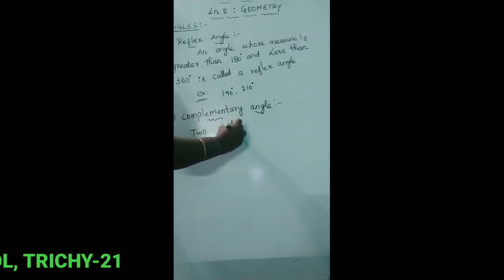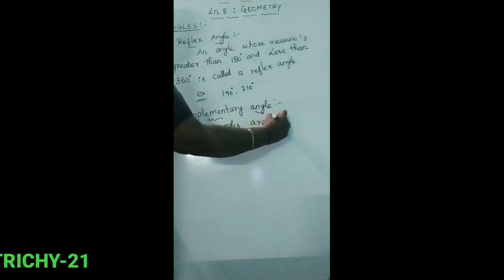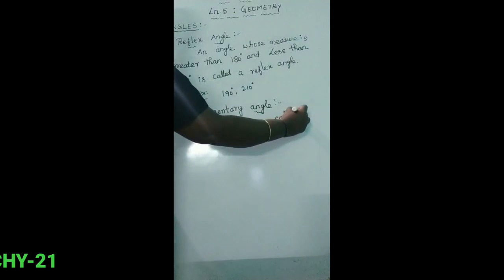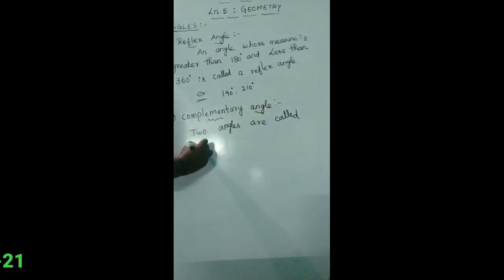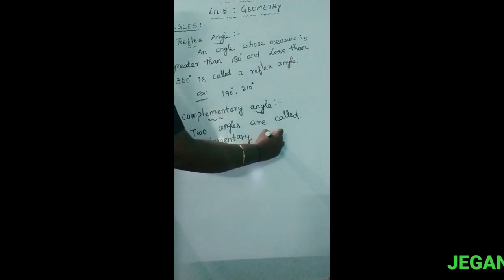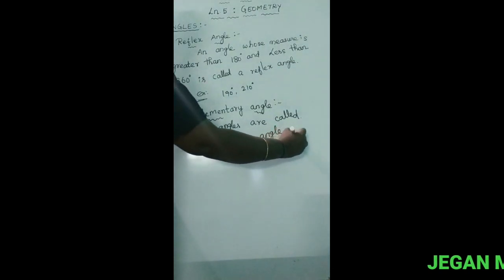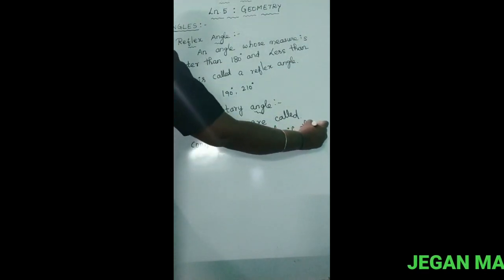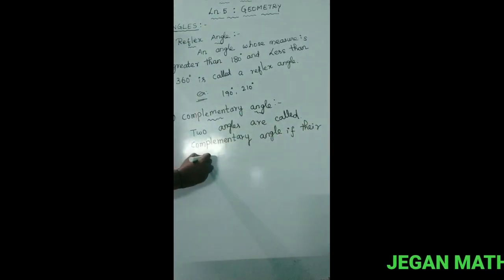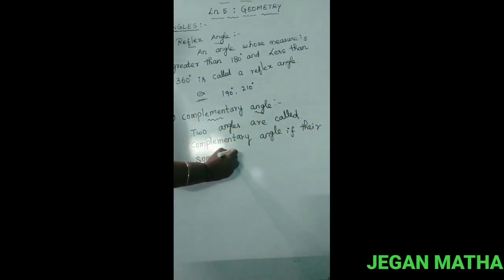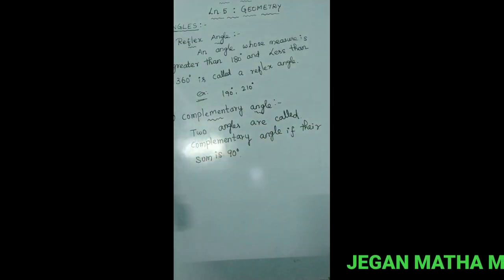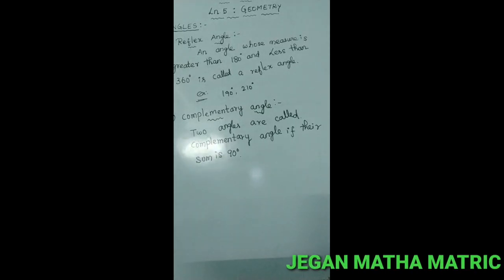So two angles are called complementary angles if the sum is 90 degrees. So adding the two angles is equal to 90 degrees. This type of angle is called the complementary angle.